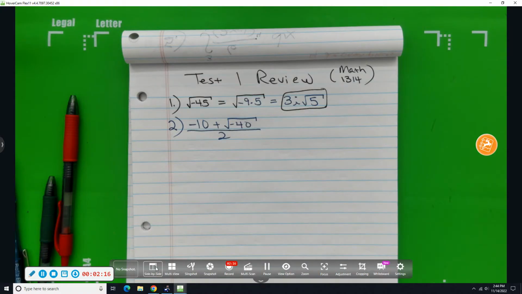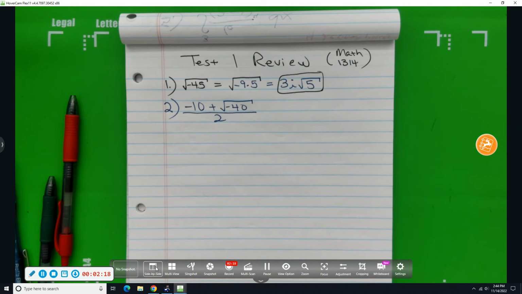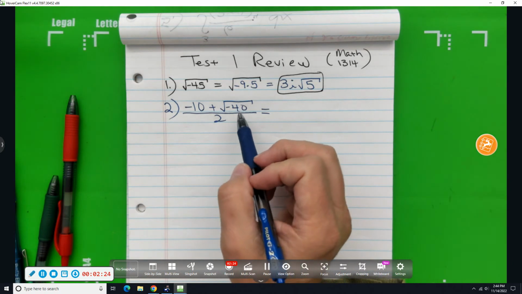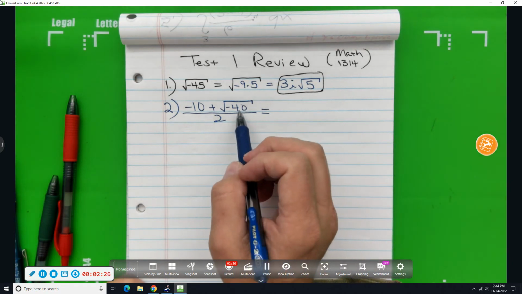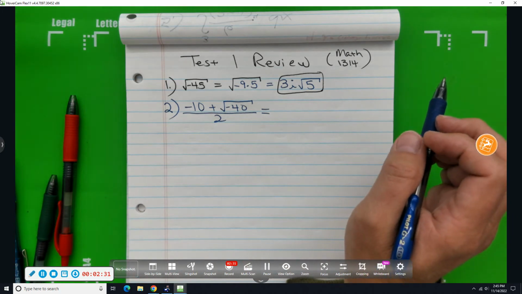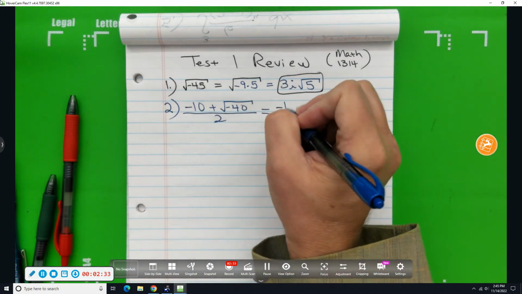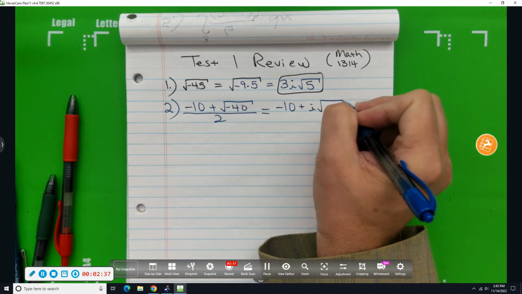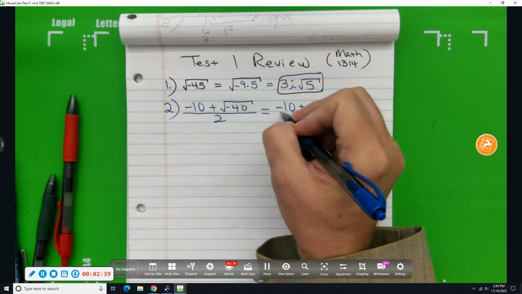Everything I do today, I've been miscopying stuff, so let me be careful. When you see that square root of a negative, you know you're going to have to write it using the imaginary unit i. Maybe we should just do that first. Let's just write that as i square root of 40, all over 2.